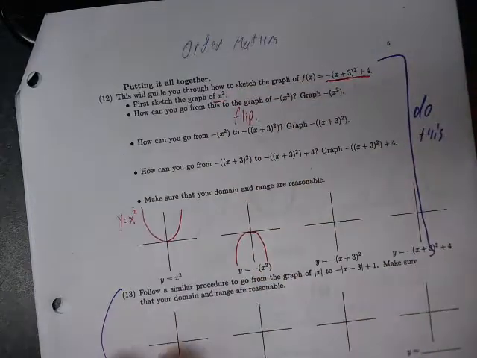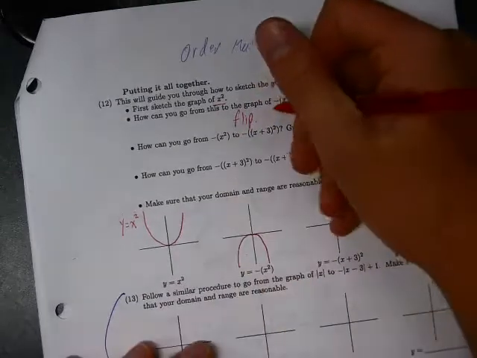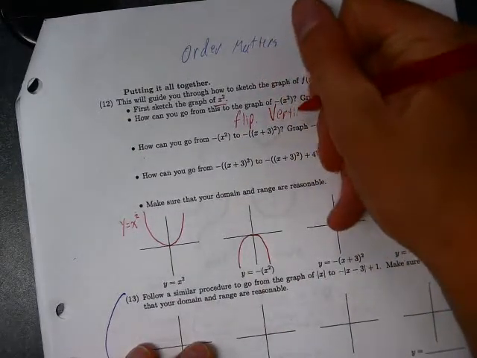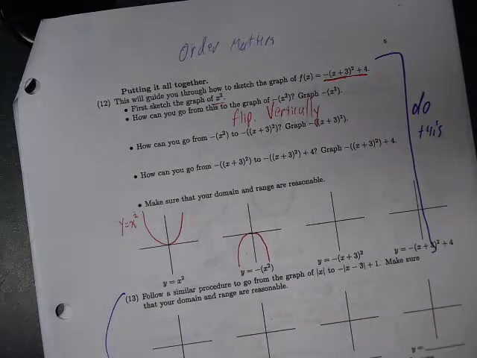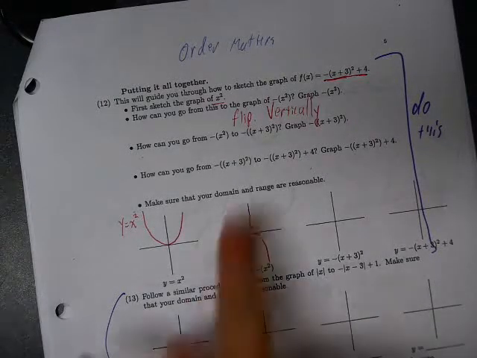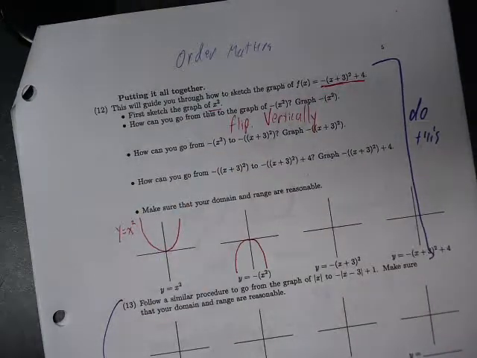And maybe just to avoid confusing myself, the flip that's happening is definitely vertical. It's over the x-axis. Now that we know what the graph of negative x squared looks like, how can you get the graph of negative x plus 3 quantity squared? Move left by 3.